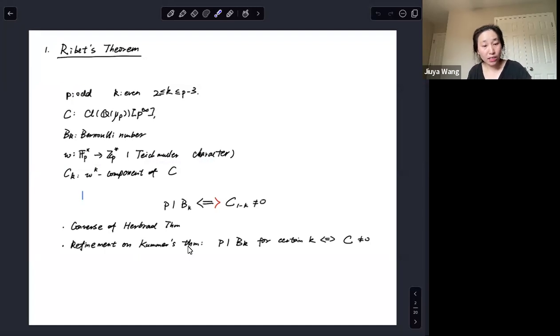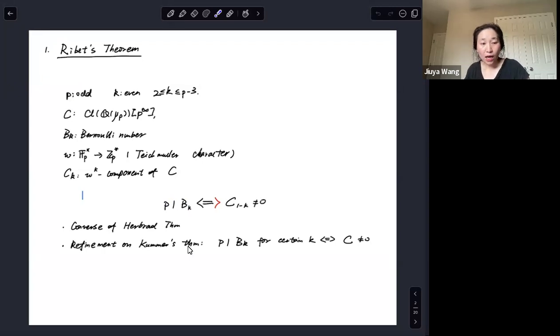Then the theorem says that for even k, which corresponds to the minus part of the class group, if the component is non-zero, this implies that p divides the Bernoulli number with that index k.